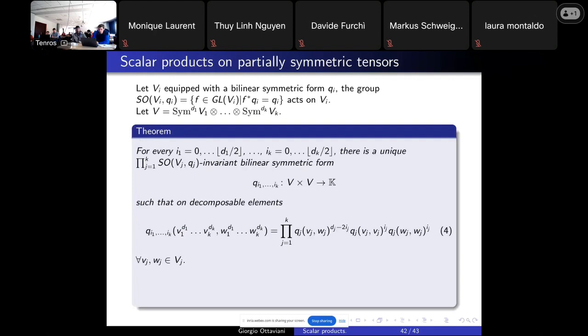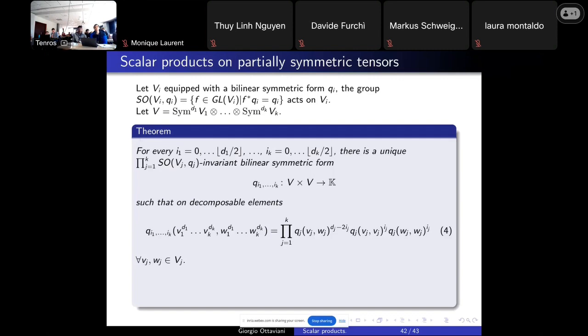But now, since you can mix the powers, you have a lot of these, depending on indices i_1, ..., i_k, and each i_j ranges up to the degree of the power of V_j, and so on.